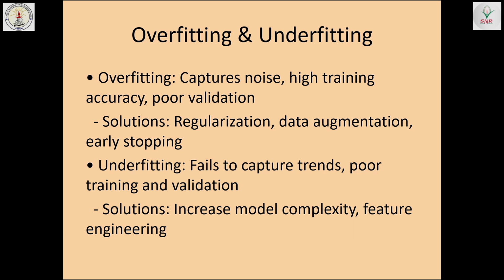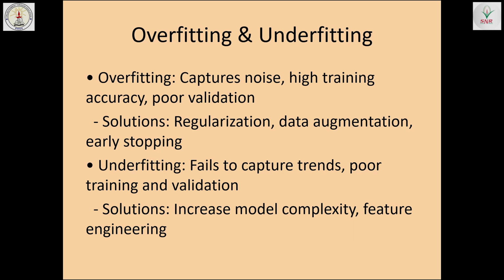Then what will be the causes? A very simple architecture of the model, and insufficient training epochs or iterations. In these cases, underfitting might happen. So what will be the solutions for it?